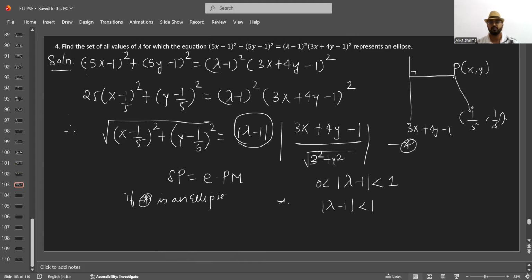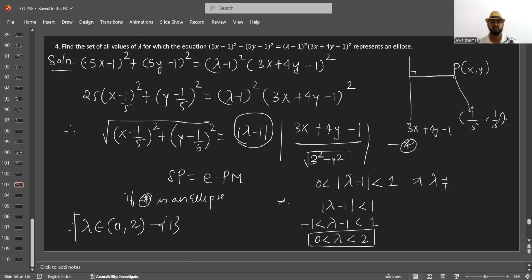So mod of lambda minus 1 should be less than 1, so I have minus 1 less than lambda minus 1 less than 1. So I get 0 less than lambda less than 2. So therefore, lambda belongs to 0 to 2. And since this is more than 0 always, that means lambda should not be 1. So I'll remove 1 from this. This is the set of all values for which this equation would represent an ellipse.